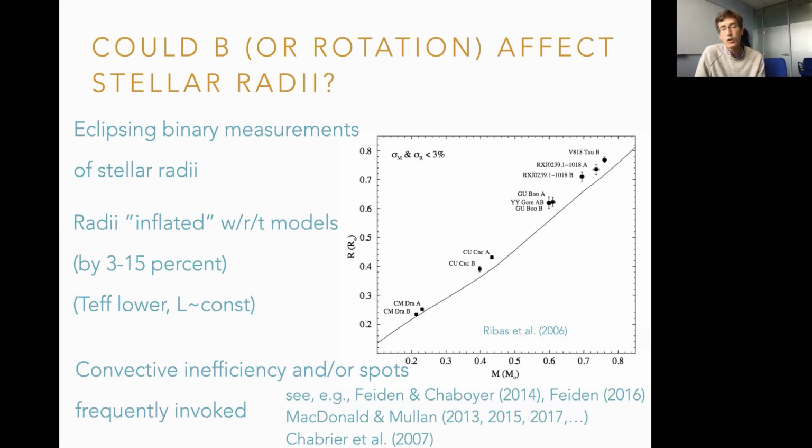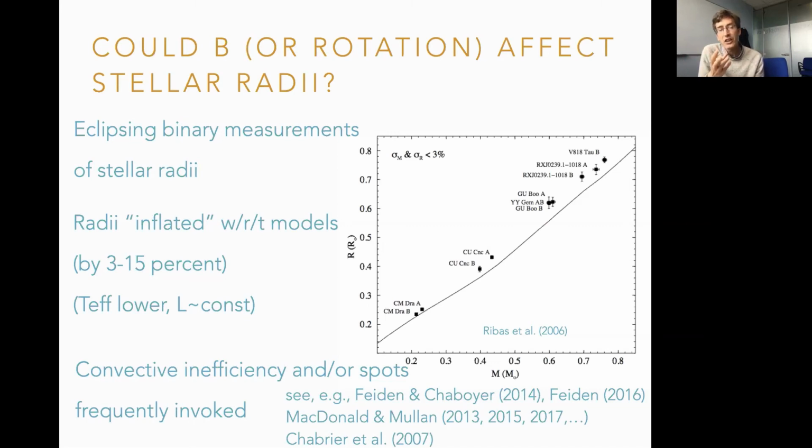If you look at so-called eclipsing binary measurements of stellar radii, comparing the radii as a function of mass in a collection of targets for which you have very, very precise radii, you can get strong constraints on both the radius and the mass. You know the radii quite well, and they're discrepant by something like 3 to 15% from what the models would tell you they ought to be.